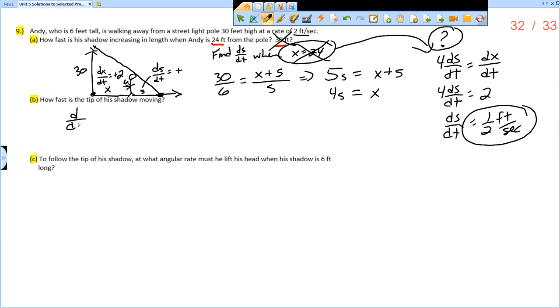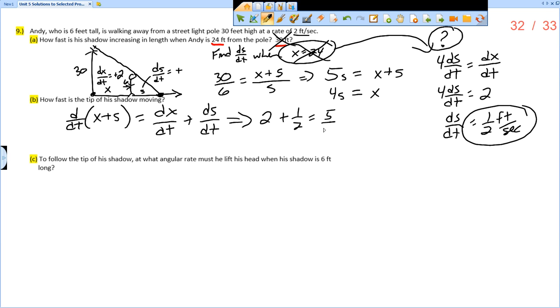What is the rate of change of x plus s with respect to t? In other words, what is dx/dt plus ds/dt. And this is very simple. This would just be 2 plus 1/2, so 2.5 or 5/2 of a foot per second.